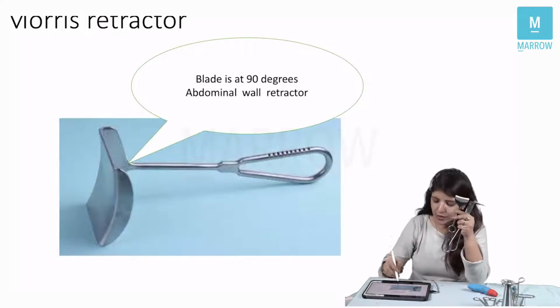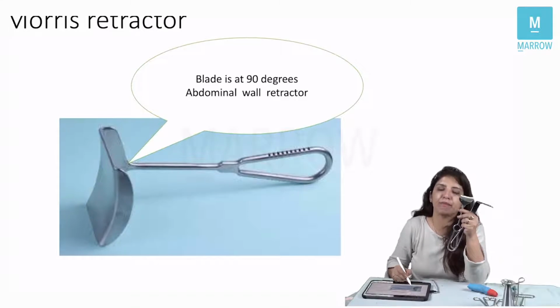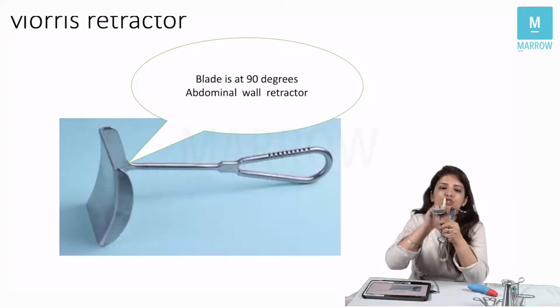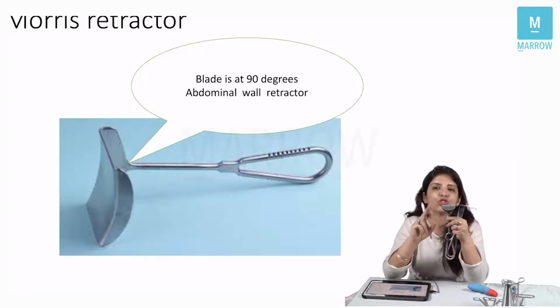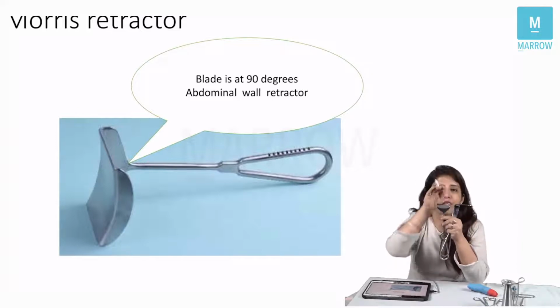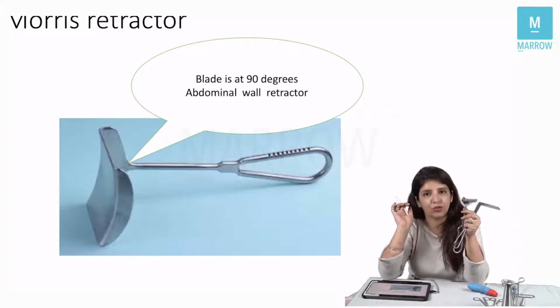Now, in Morris, again the blade is at 90 degrees to the handle, and it is broad, right? And it is flat. So, if you are getting a blade which is at 90 degrees to the handle, but it is broad and flat, then that is not Doyen's, that is a Morris retractor. Curved broad blade is Doyen's retractor, right?